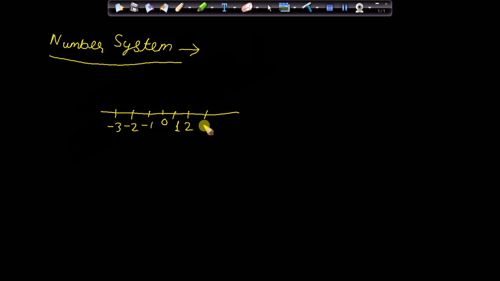So this is our number line. So what are various types of numbers which we represent here?